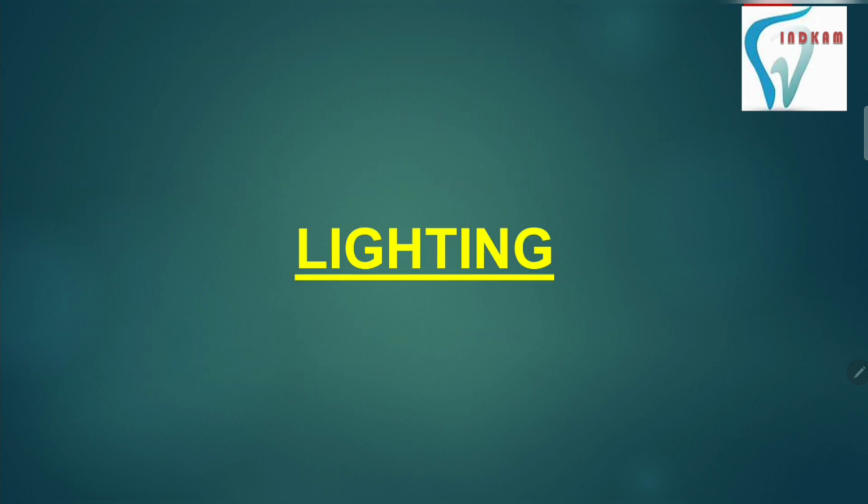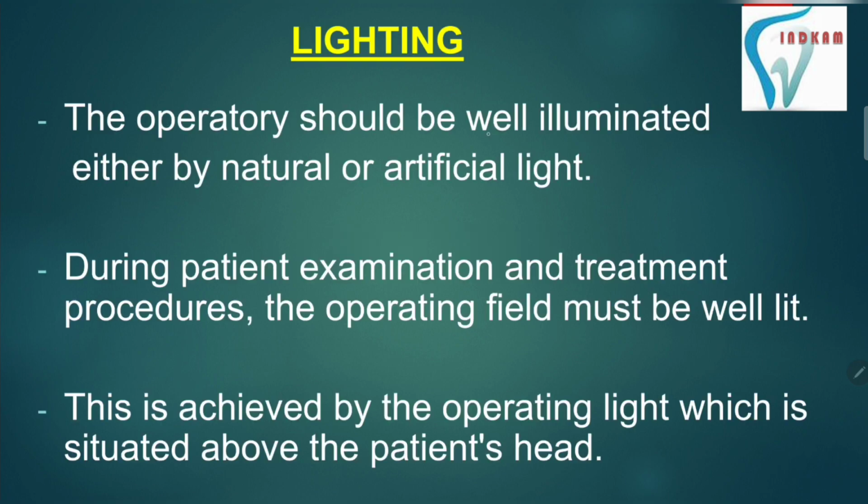While doing any dental procedure, the lighting of the room or the operatory should also be considered. The operatory should be well illuminated either by natural or artificial light. During patient's examination and treatment procedure, the operating field must be well lit, and this is achieved by operating light which is situated above the patient's head.